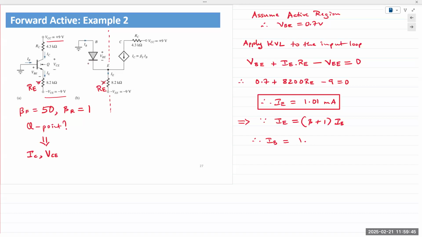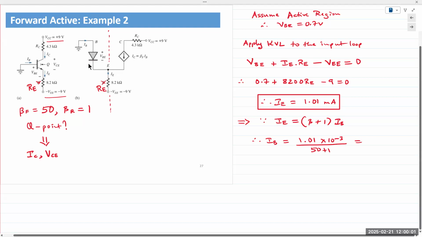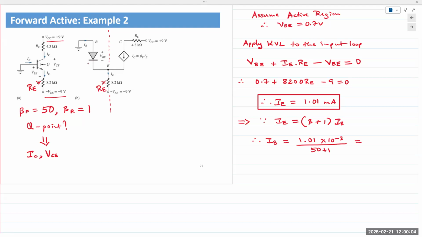In this case, it'd be 1.1 milliamps divided by 50 plus 1, which gives me 19.8 microamps.